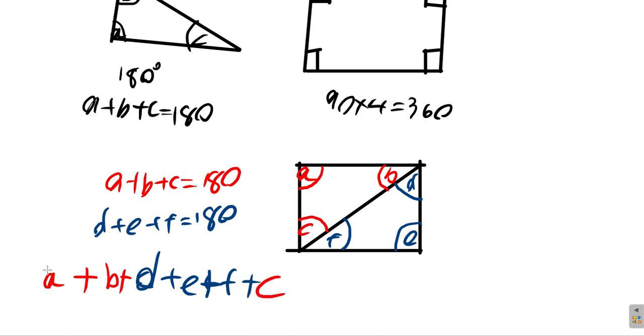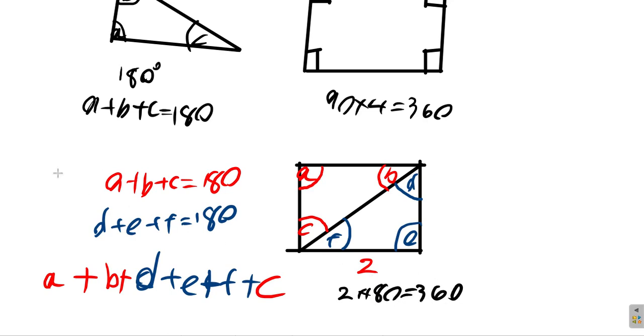A, B, C, D, E, and F all add up to 360. Now, how many triangles does the quadrilateral have? There are 2. So you can form 2 triangles here. 2 times 180 is 360.